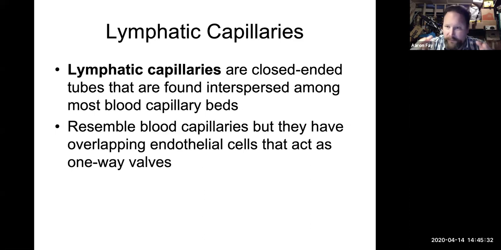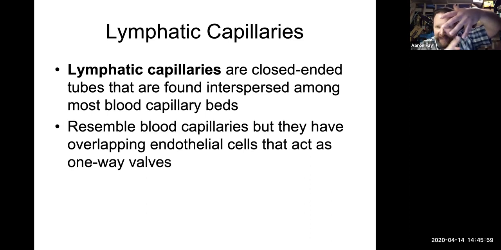So the smallest structures are going to start at what are called lymphatic capillaries. Notice that this is not connected to anything else. When we looked at the circulatory system, heart to arteries, capillaries, on the other end of the capillaries were veins, which went back to the heart. This is not the case. Here we have closed-ended vessels. We just have like a branching tree, and these just end.